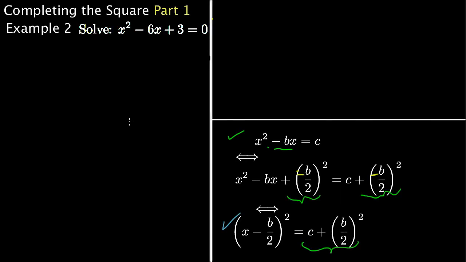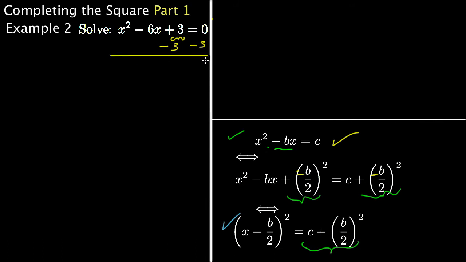In this example, we have a quadratic equation that's slightly different, because on the left-hand side we have a trinomial, and we have this extra constant term that we're going to start by getting rid of because we want to use this idea here where the left-hand side doesn't have a constant term. Okay, so let's actually subtract 3 from both sides here.